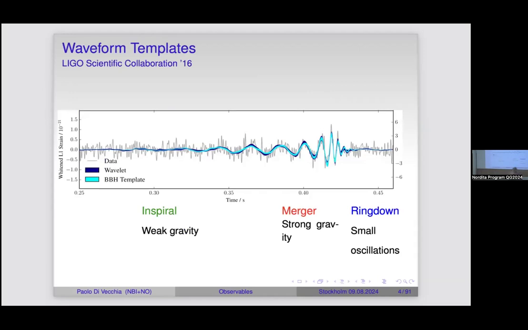So that's the first event that has been observed at LIGO. For the first time, we observed that we have gravitational waves, and gravitational waves have been detected.